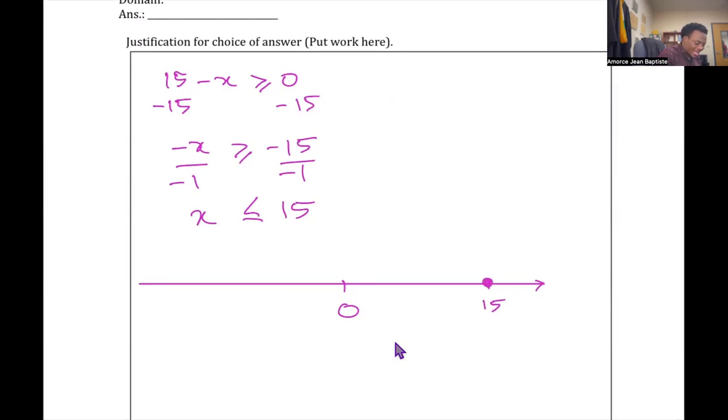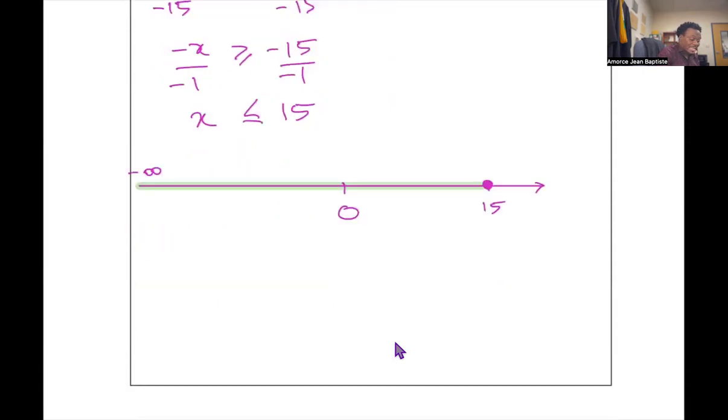And then the x elements that are in the domain need to be less than or equal to 15, so they will be on the left side of 15. On the left side, you go all the way to negative infinity. So the domain will be from negative infinity to positive 15, and 15 is included. That's the domain for this function.